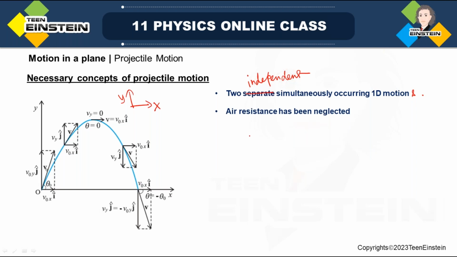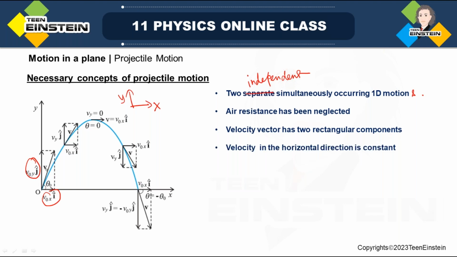And here air resistance has been neglected, as I mentioned. And as I have shown you here, the velocity vector has two components, one along the x direction, another along the vertical or y direction. Initial velocity has been given to the particle, but no force has been given to the particle, right?